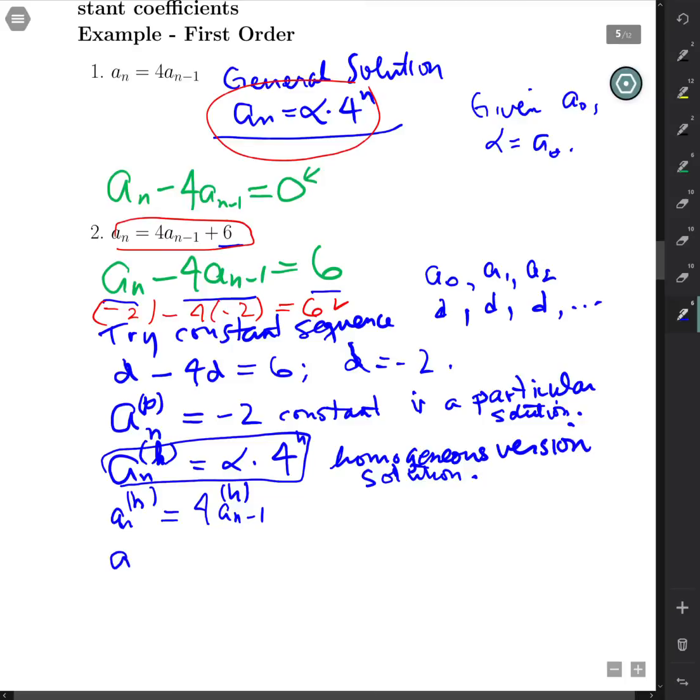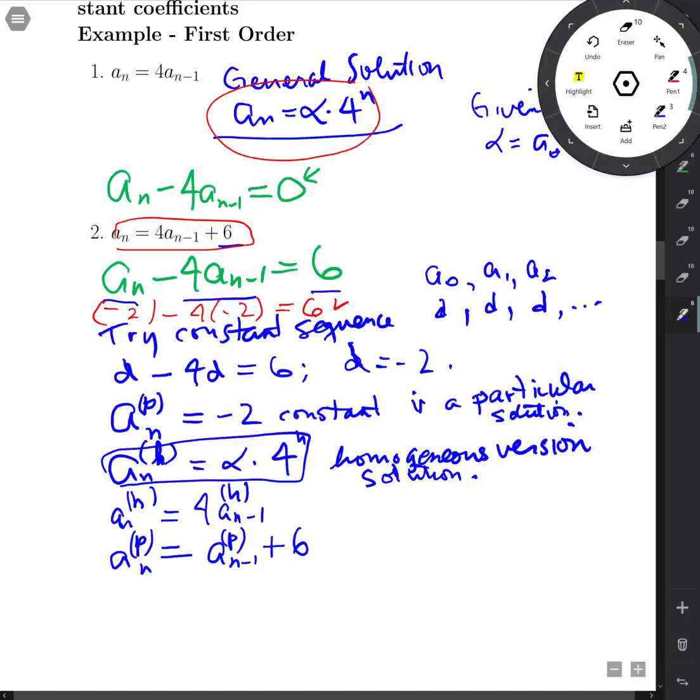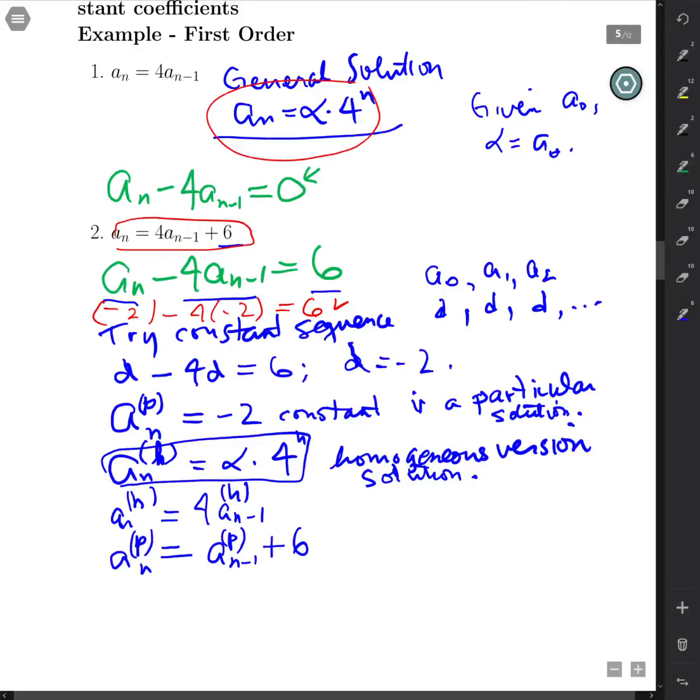So if we take a^p, that sub n, that is 4a^p sub n minus 1 plus 6, because that particular sequence, in this case it's just a constant, but I'm trying to think about this in a little more general terms, solves the non-homogeneous equation.